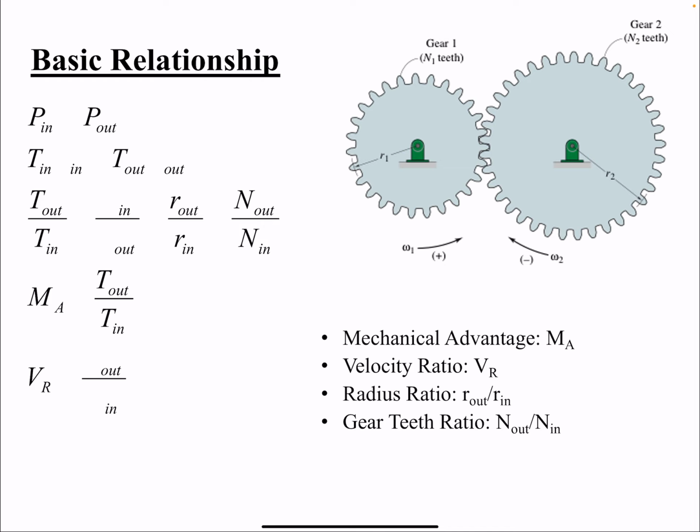Here are the relations in a 100% efficiency case. Then the input power is the same as the output power. Torque times omega gives us the power. So we have a trade-off between torque and RPM.